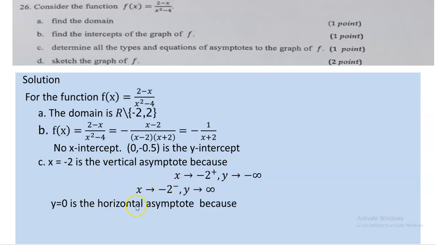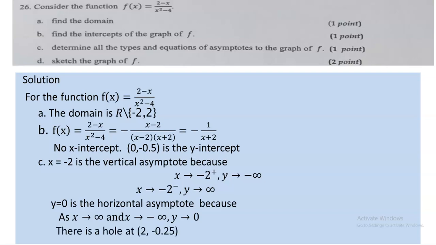So y equals 0 is the horizontal asymptote, because as x goes to infinity and as x goes to minus infinity, y approaches 0. So our asymptotes are x equals minus 2, the vertical asymptote, and y equals 0, or the x-axis, the horizontal asymptote. So our graph gets closer to these two lines, okay?